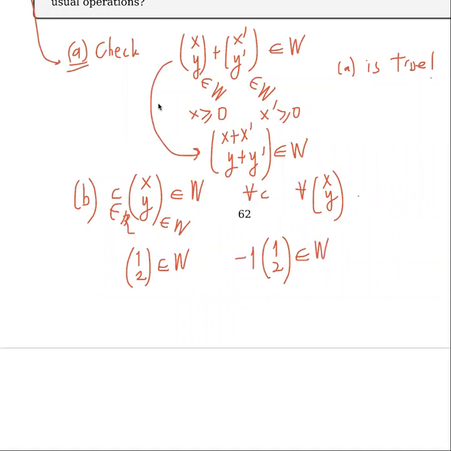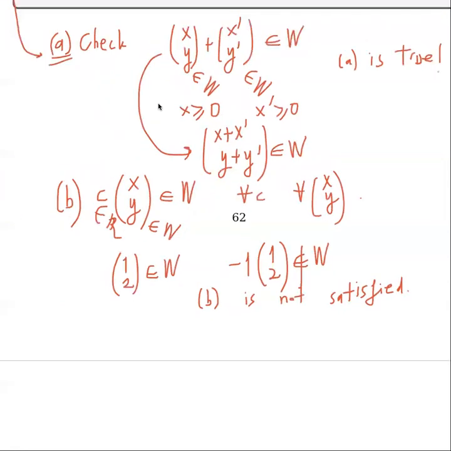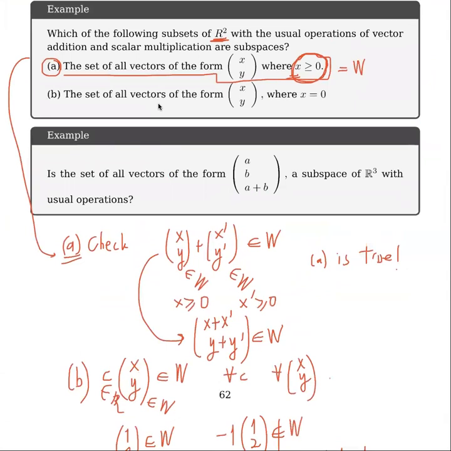And if the first component is not greater than or equal to 0, then it's not in W. So property B is not satisfied for every possible C and every possible X, Y. Okay, so B is not satisfied, which means the given set is not a vector space and it's not a subspace.